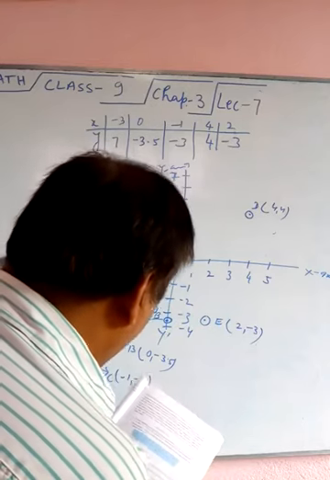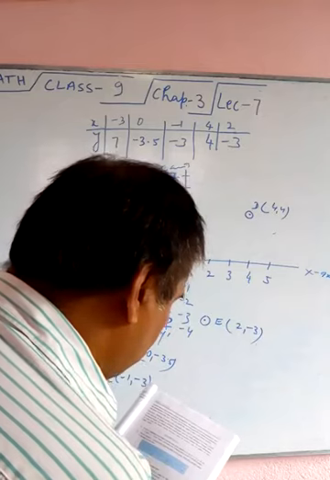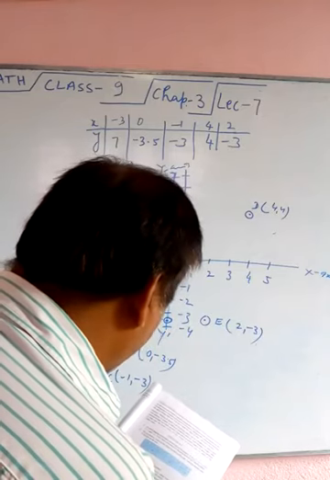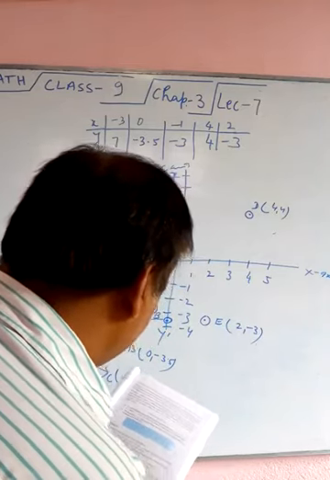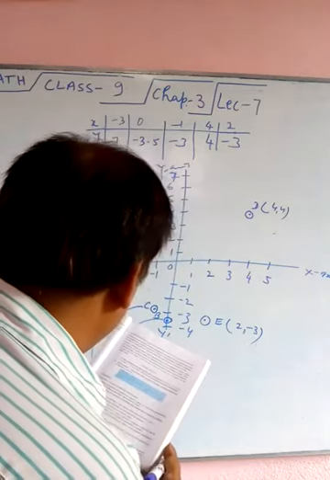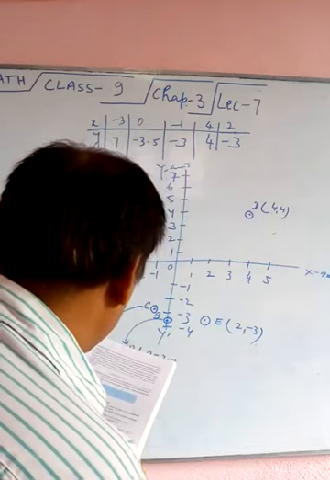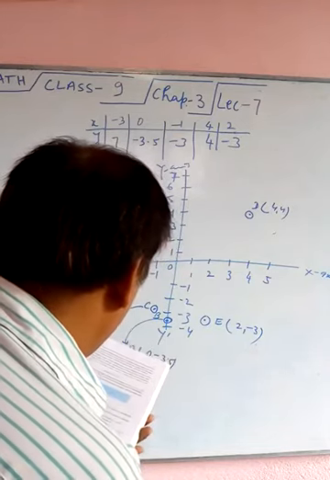Remarks: plotting of points in the Cartesian plane can be compared to some extent with drawing of graphs in different situations, such as time-distance graph, side-perimeter graph, etc., which you have come across in earlier classes.